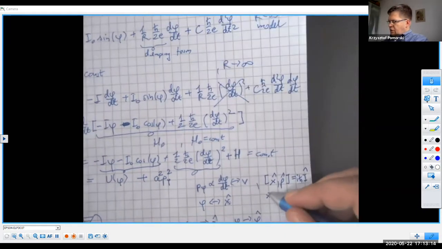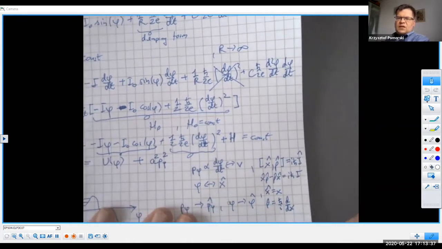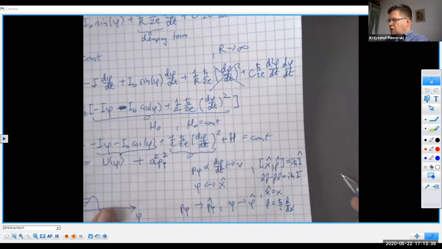So that's like this. And also you know that one of the representations of the position operator is this, and one of the representations of momentum is h bar over i, d over dx. So this is what we will try to think in that way.